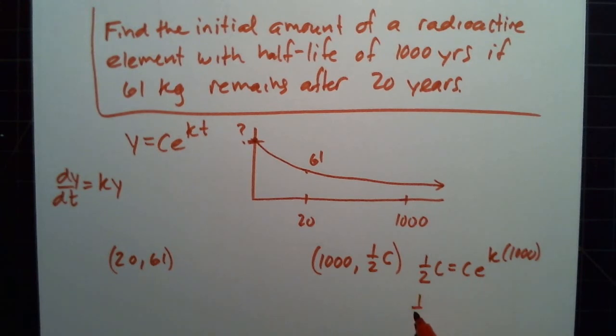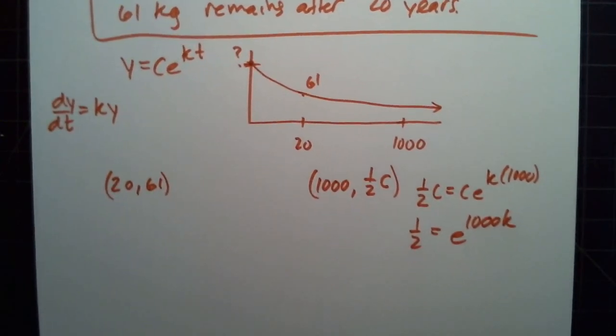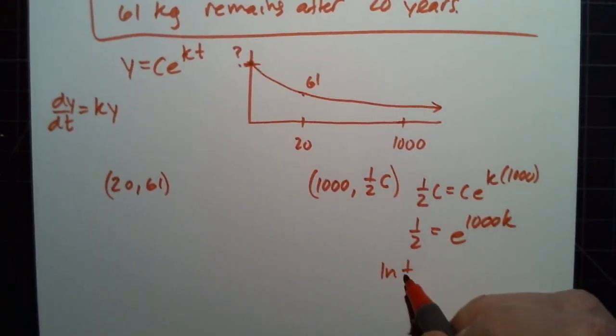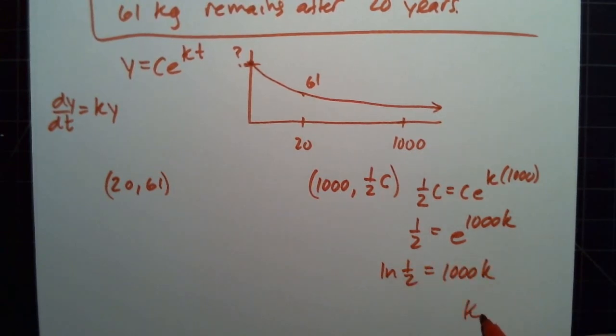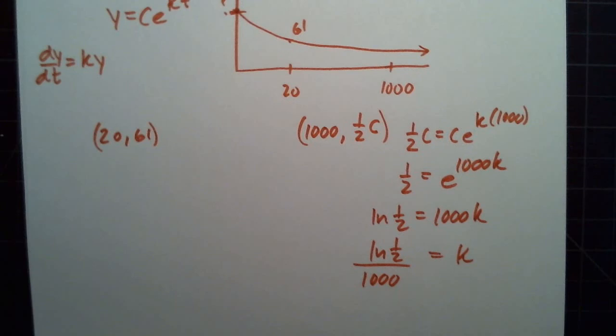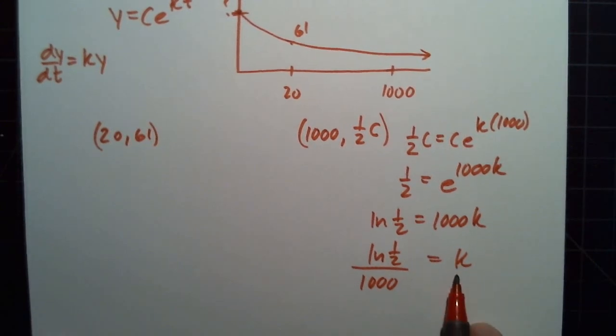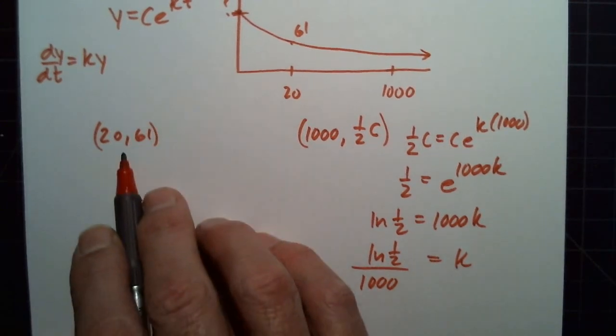C's cancel and we get 1/2 equals e to the 1,000k. Natural log of both sides: k equals natural log of 1/2 over 1,000. Now we know k.